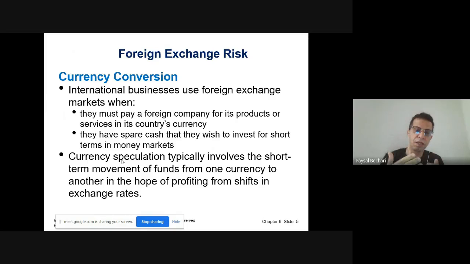As we said, you shift your pound to euro hoping that the pound price against the euro goes down, or the euro price against the pound goes up, and then when you convert it back, you will make a profit. So it is a business. It's like you're buying a commodity to resell it. It's like a trade, a money trade that is also happening.